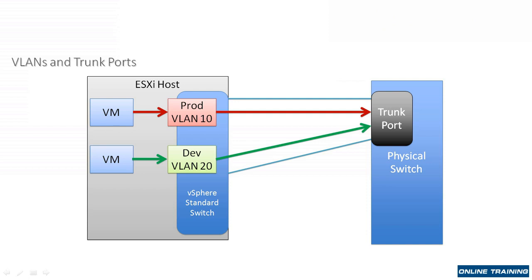Those port groups will have VLANs defined, and we will have a trunk port to a physical switch that is able to handle traffic across multiple VLANs on a single physical connection. That way the physical switch can actually see a consistent set of VLANs and can see which virtual machine traffic belongs on which VLAN as that traffic arrives.